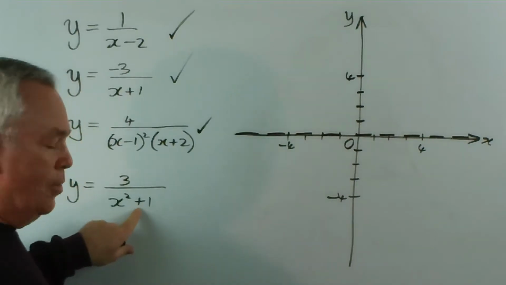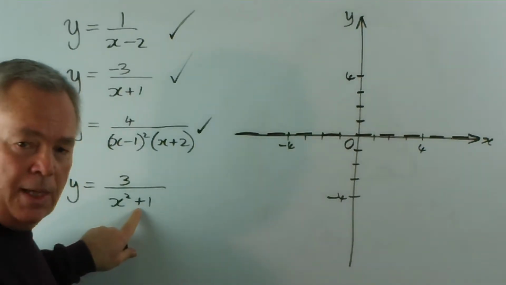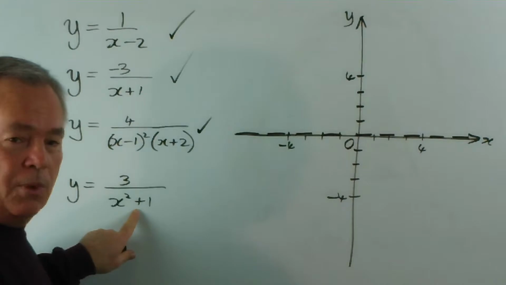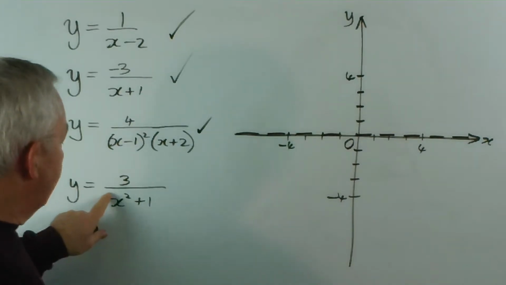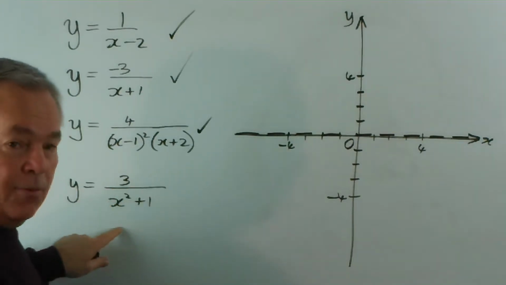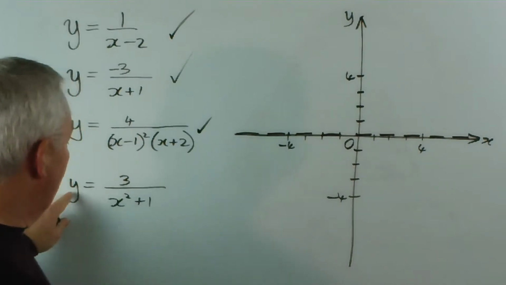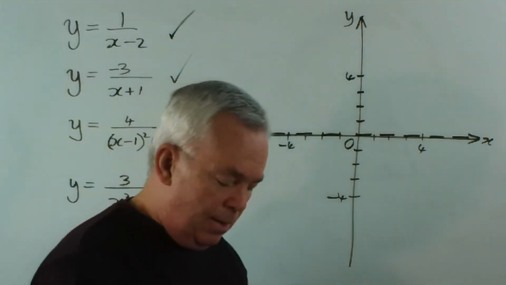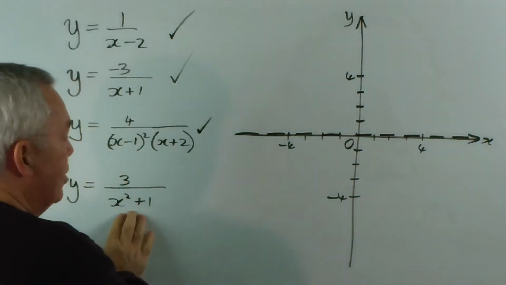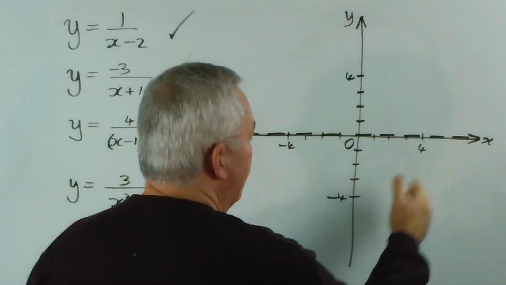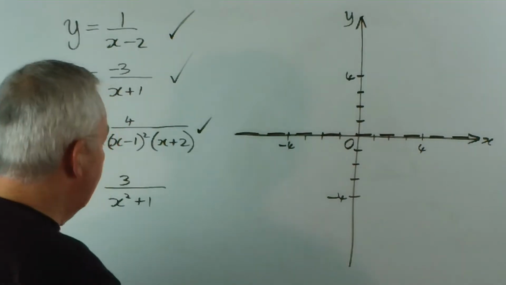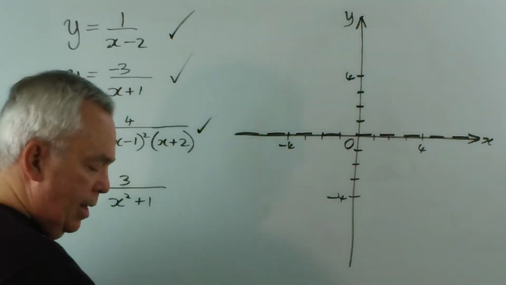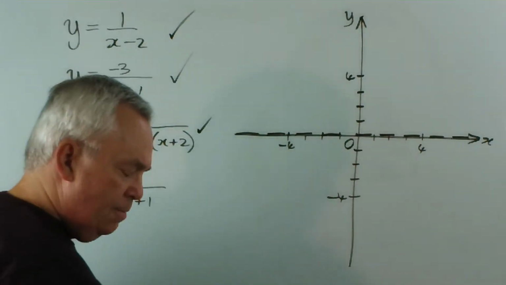If that was a -1, we would have a difference between squares, and we could, but with a +1 we can't. So this is always going to be positive, which means, of course, y is always going to be positive, 3 over a positive number. But we get no asymptotes vertically. Well, that's different. That's interesting. What's the next step? There's no point talking about their nature.